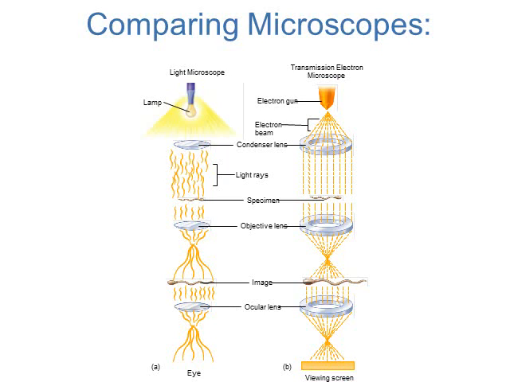So light microscopes and electron microscopes pretty much have the same idea behind them. So you start off at the top. Light microscopes on the left start with light. Electron microscopes start with an electron gun that creates this electron beam. The light or the electrons first pass through a condenser lens, so you have to condense down the light or condense down your electrons. And then after that, they go through the specimen.